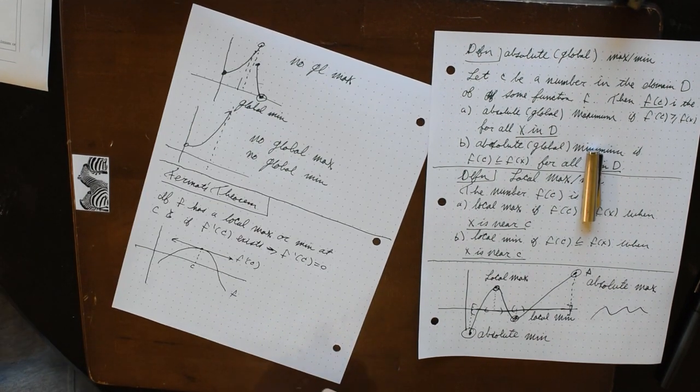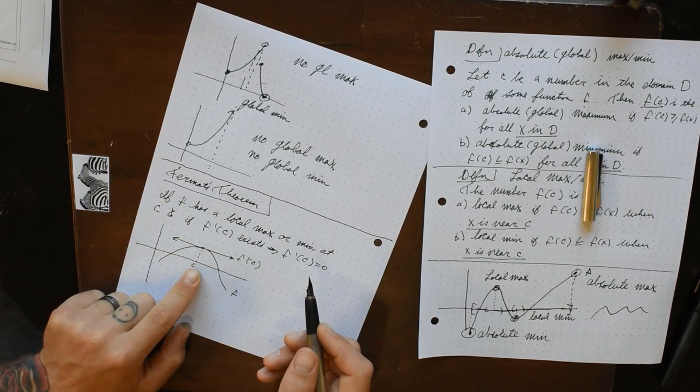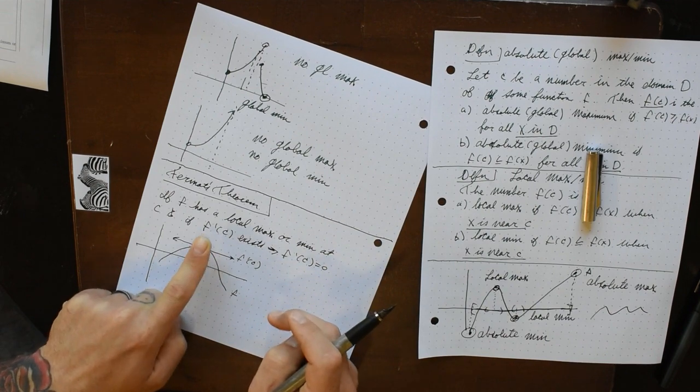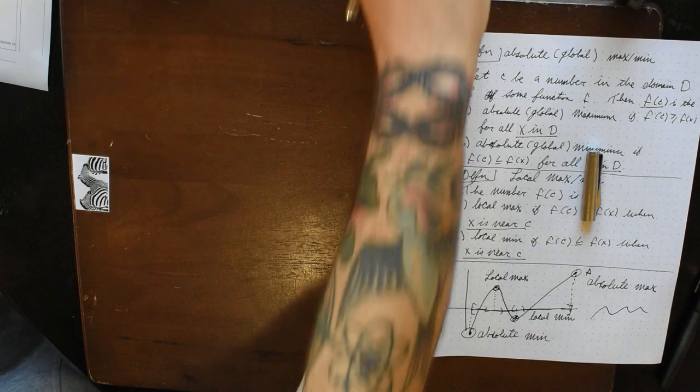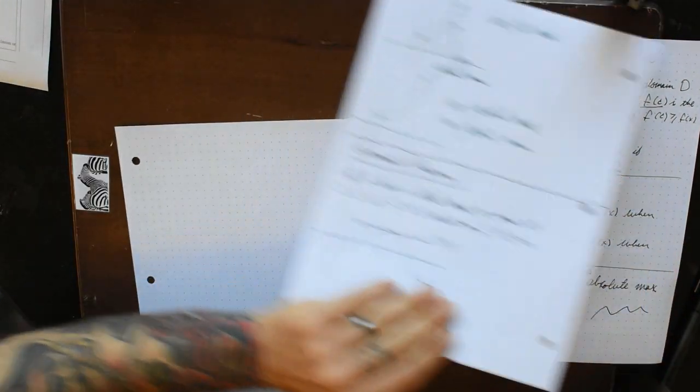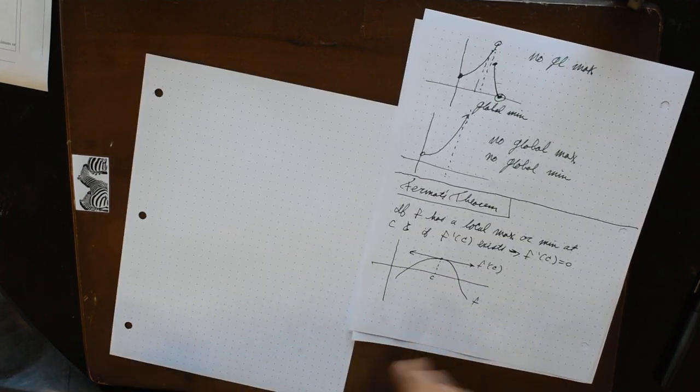So what it's saying is if we have this local max or local min at that point, and the derivative exists, then you know the slope of the derivative is equal to 0. But you have to go through these conditions in order.